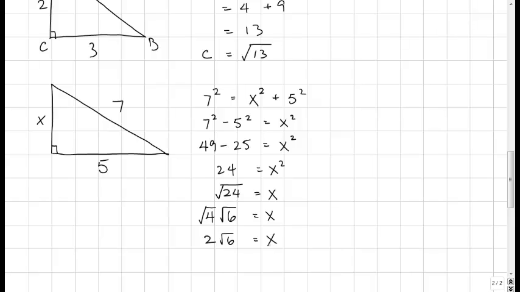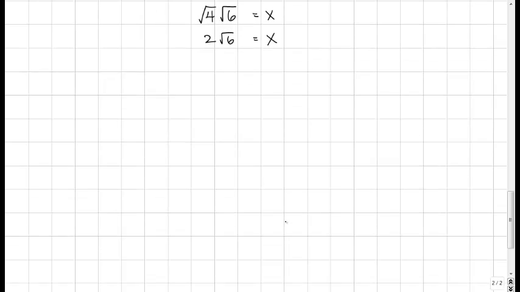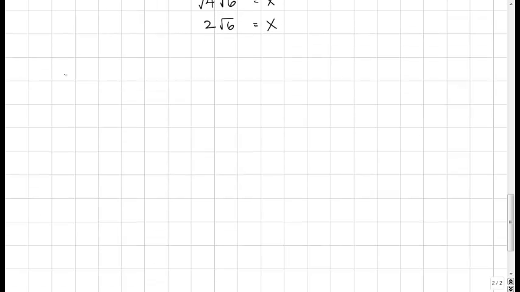All right, so there are a few so-called special right triangles that are special not necessarily because of the side lengths, but because of the angles. One of them is an isosceles right triangle. So an isosceles right triangle has two sides the same length.